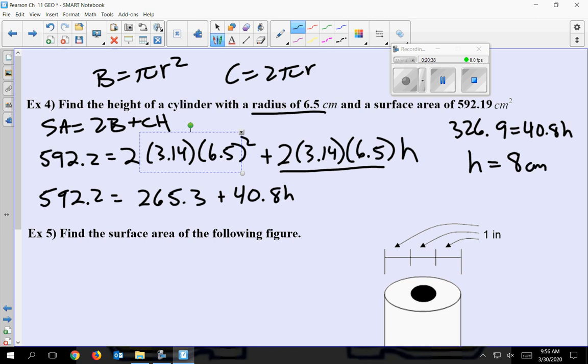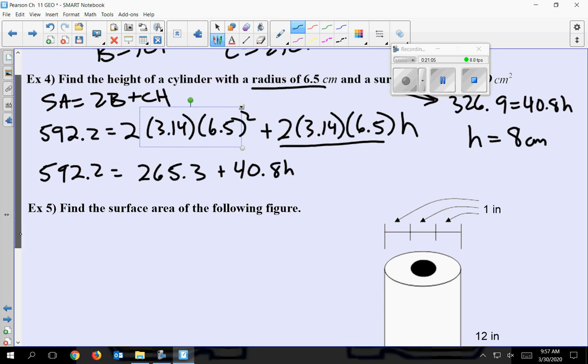Okay, so I did some of the math. I got 265.3. Once again, I rounded that. I subtracted it from both sides, and over here I had 40.8 times h. I also rounded that. This last step right here, I divided both sides by 40.8, and I got 8.01, and so on, so I just rounded it to 8, okay?